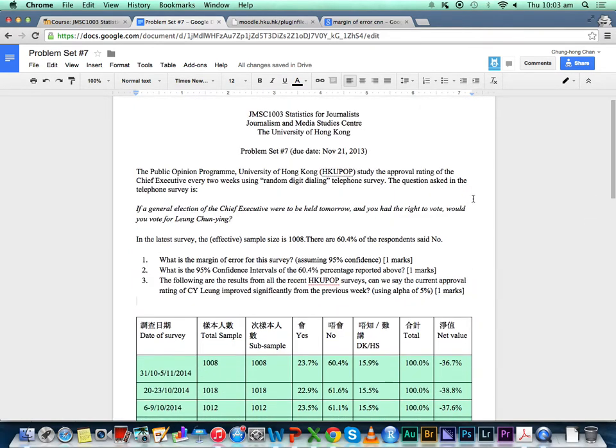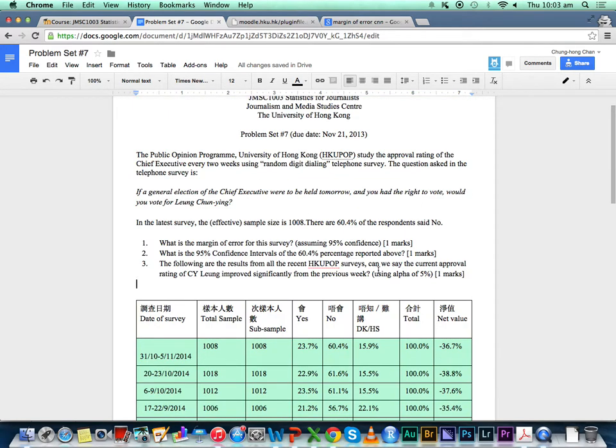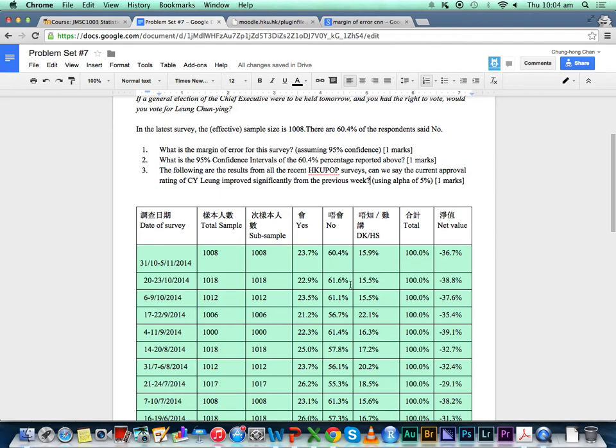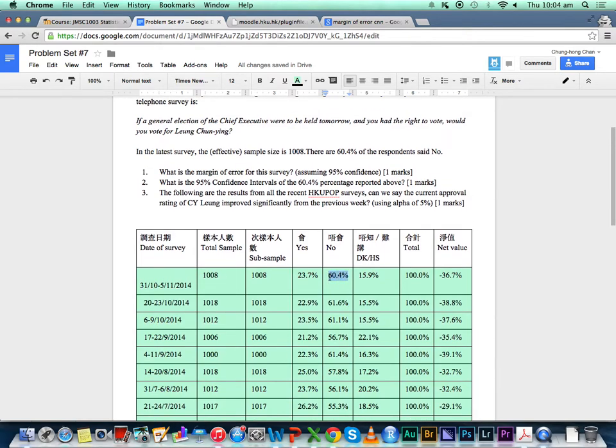Okay, question 3. The question is, can we say the current approval rating of CY Leung improved significantly from the previous week? In the previous week, the approval rating is 61.6. This week is 60.4.